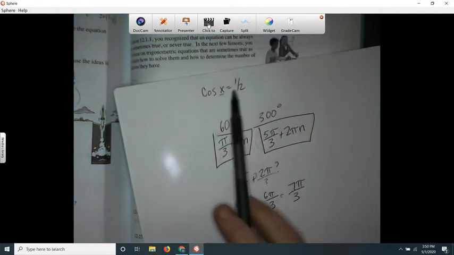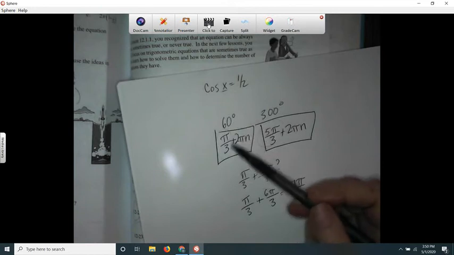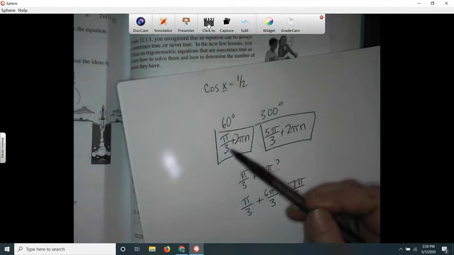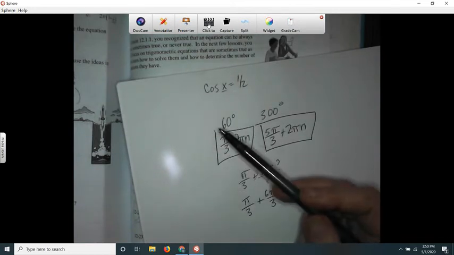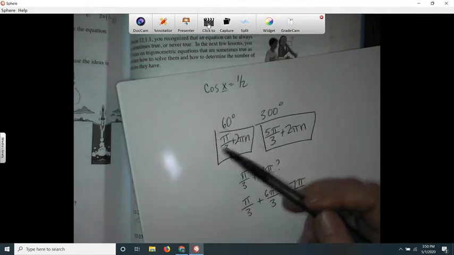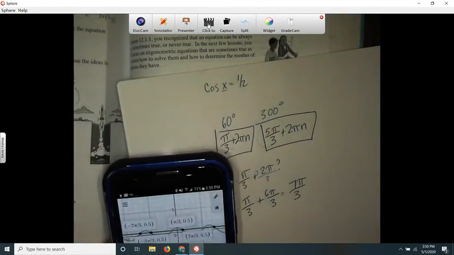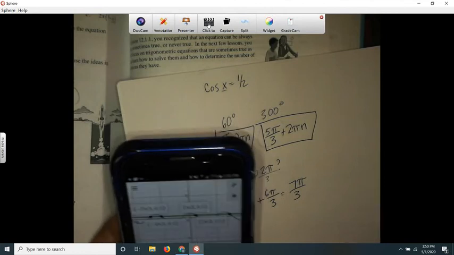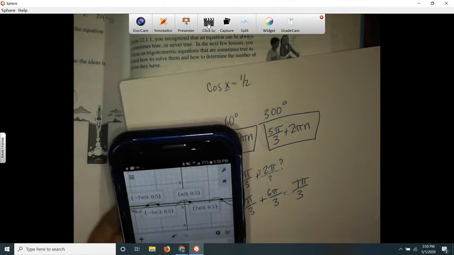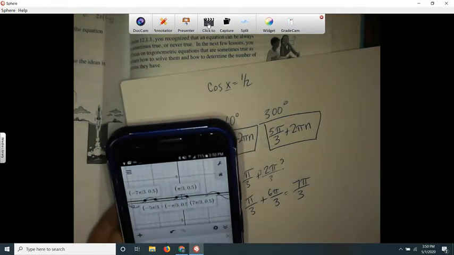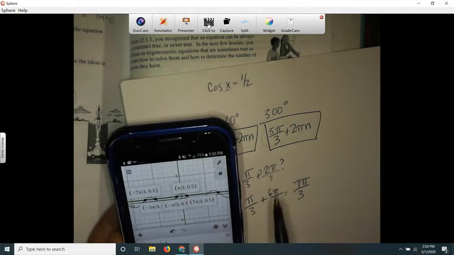What that tells me is that this solution is found here at pi over 3, but I could keep going around the unit circle however many times I want, just the same way as I could keep going down this graph. There's one there, there's one there.